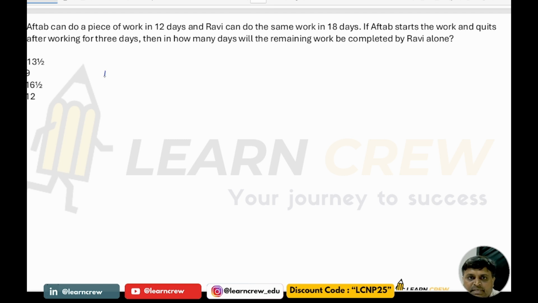So Aftab is doing it in 12 days and Ravi is doing it in 18 days. They are doing the same work. That same work I am taking as the LCM of 12 and 18. The LCM of 12 and 18 is 36.